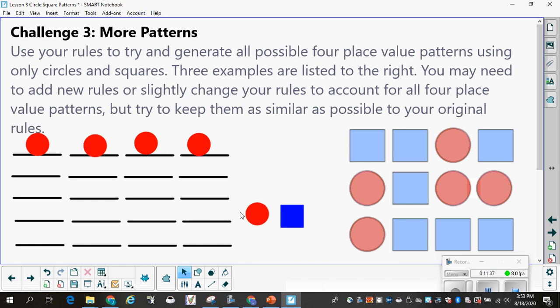So I've got all circles. Then my next one would be circle, circle, circle, box. Why box? Because what's one more than a circle? A box. But now, when I do my next line, I'm going to have circle, circle.